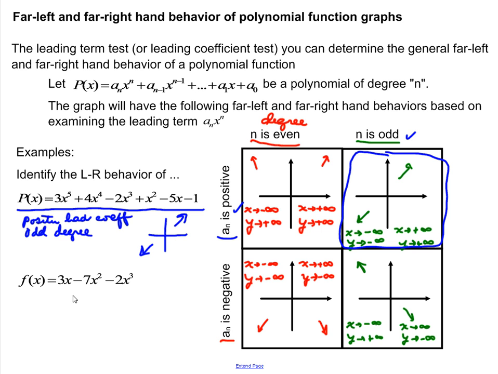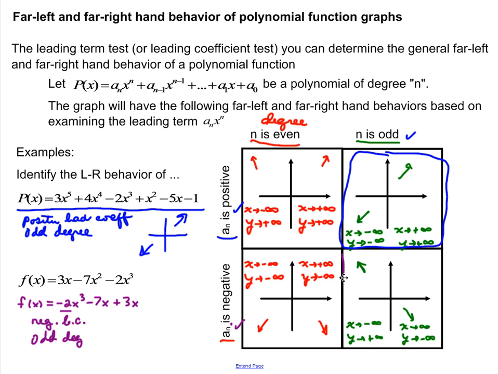How about our other function? F of x equals 3x minus 7x squared minus 2x cubed. If we rewrite it in descending order so that the leading coefficient is first, negative 2x cubed minus 7x squared plus 3x, this is a function that has a negative leading coefficient and an odd degree.